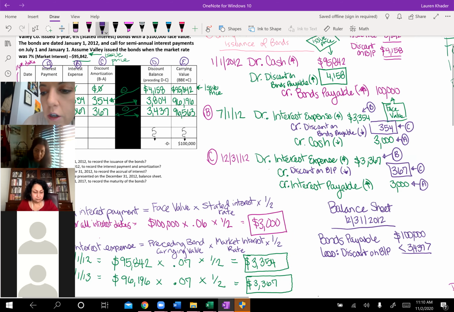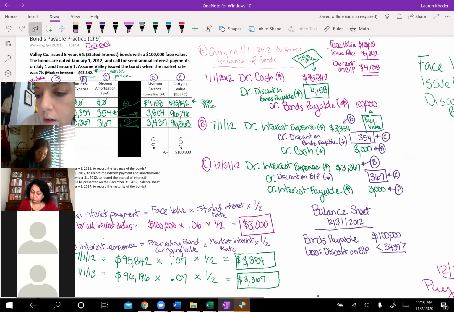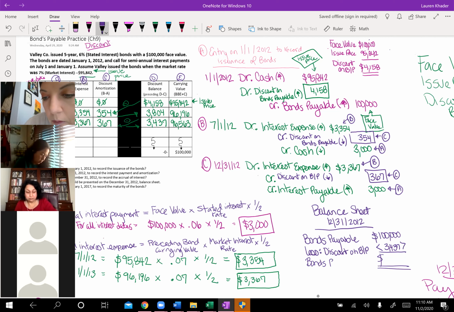So what we would show is a balance to the account of 100,000 minus 3,437. Bonds payable would be equal to, just put it here, the carrying value, 96,563.